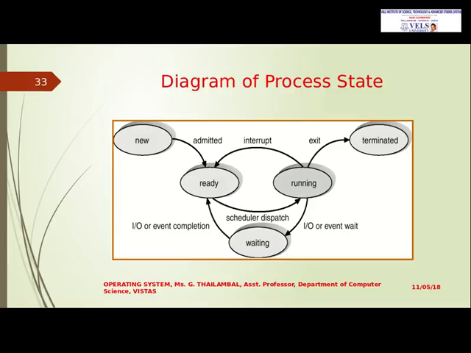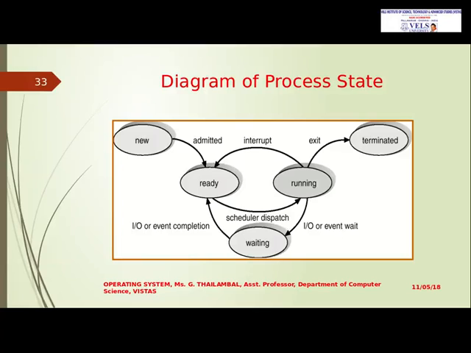At that time, if any interrupt comes, it will come to the ready state again. After the interrupt gets over, again it needs to be sent to the running state. Or sometimes it is waiting for any input output devices or any event to occur. The event could be a forking process, that is, a child process needs to be executed. At that time it needs to wait until that gets executed. So it is in the waiting state now.